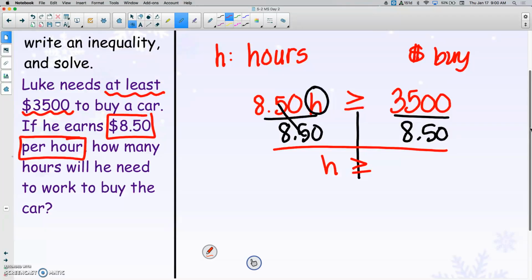So dividing this gives me 411.7647, and then it keeps on going.